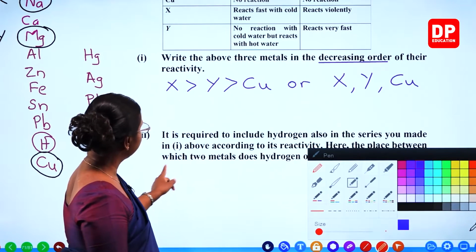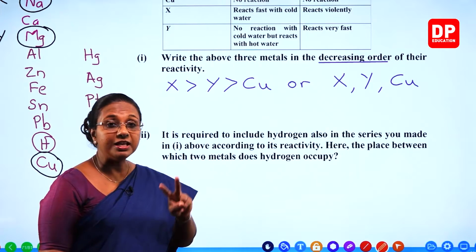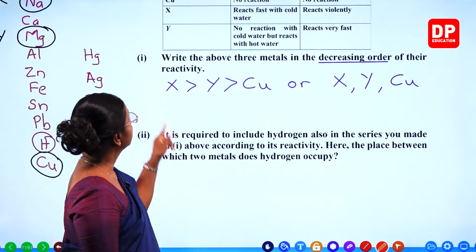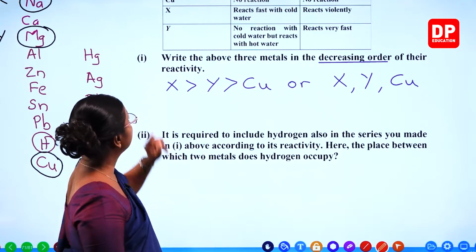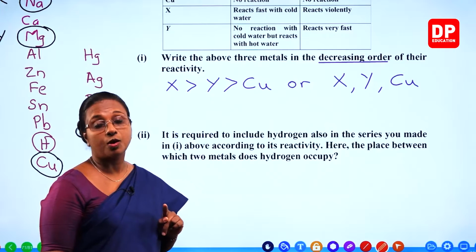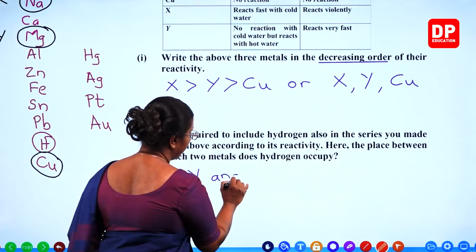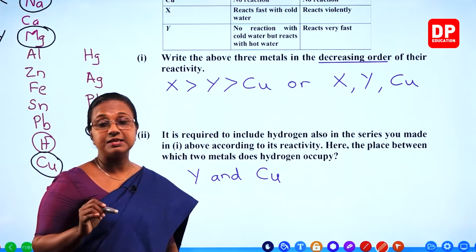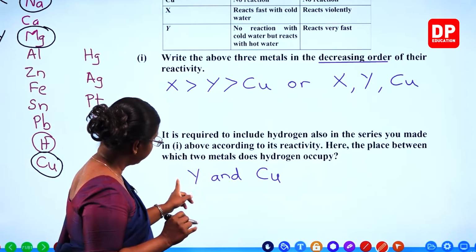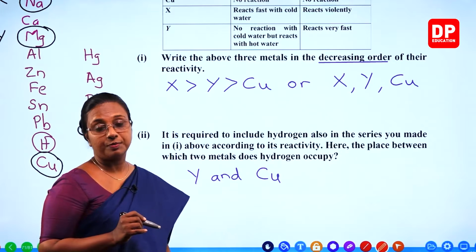So then, if we try to answer the question: the place between which two metals does hydrogen occupy? Between which two metals above? So you don't have to write all three. You have to say it is between Y and copper. So like I said, you don't use the standard symbols for X and Y. You have to use the given symbol, Y and copper.